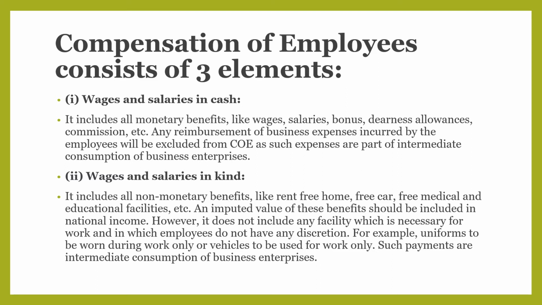First, wages and salary in cash. It includes all monetary benefits like wages, salaries, bonus, DA, allowance, commission, etc. We are going to add it. Next, wages and salary in kind. If non-monetary benefits are paid, like rent-free home, free car, free medical, free education facilities, they are also included in COE.